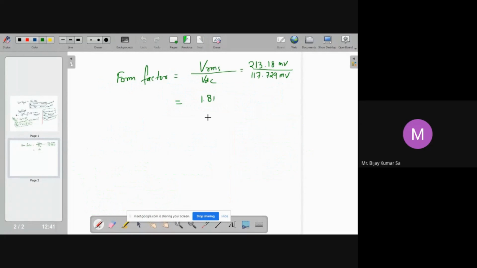So similarly, there is another performance metric called ripple factor.